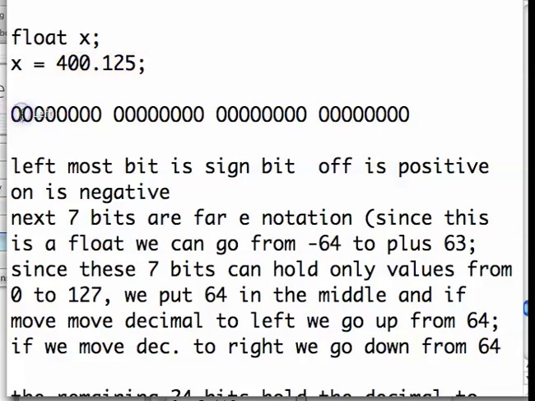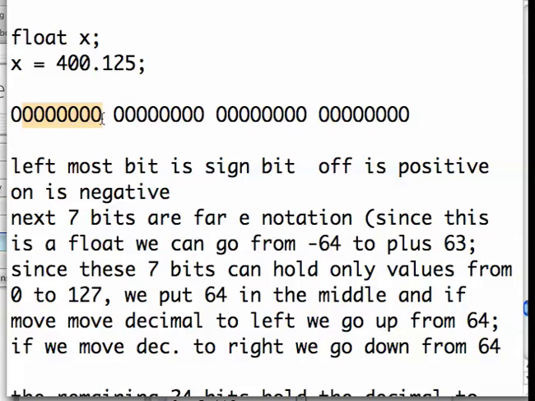The next 7 bits actually have to do with E notation. Now, the range of values that a 4-byte float can store range from a possible minus 64 to a plus 63 as far as the E notation.